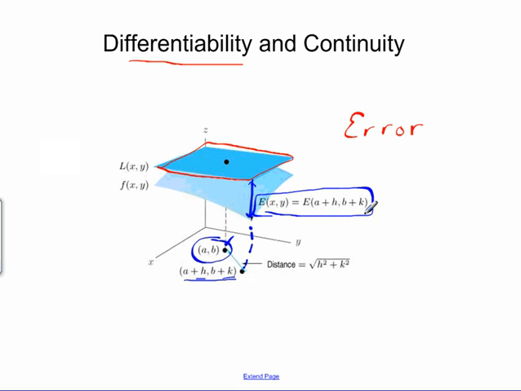This error is the difference between the actual value, f of (a plus h, b plus k), minus my approximation.